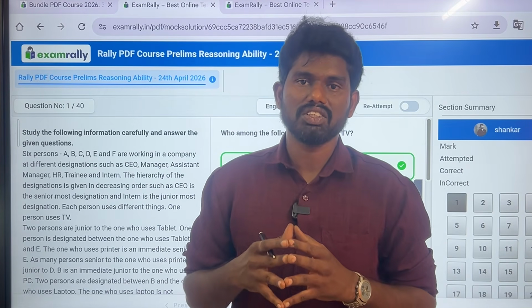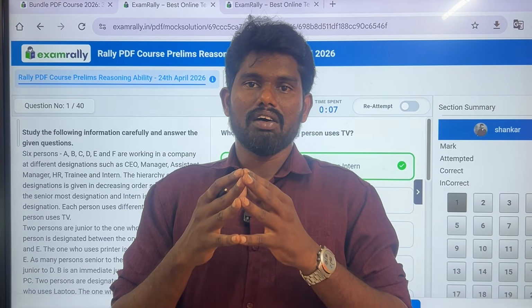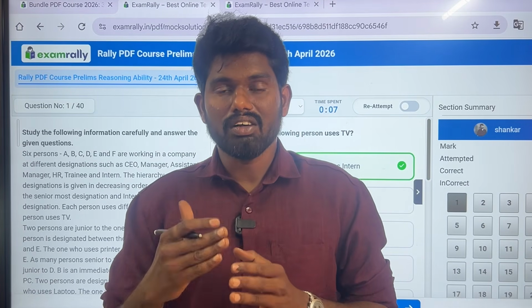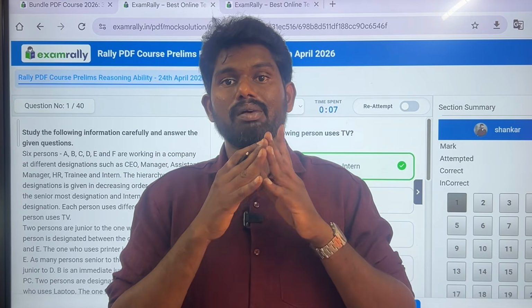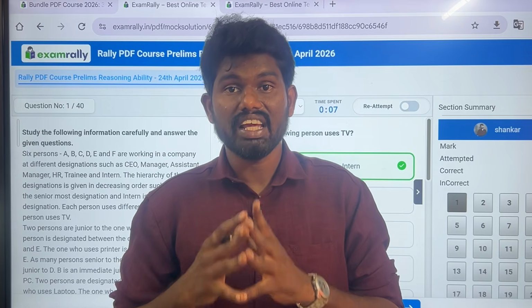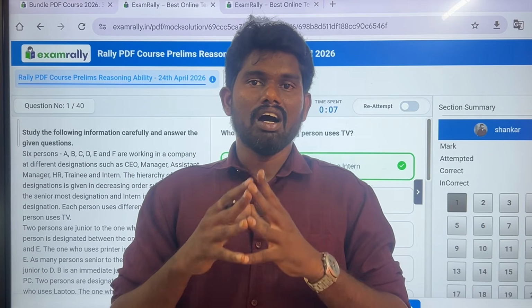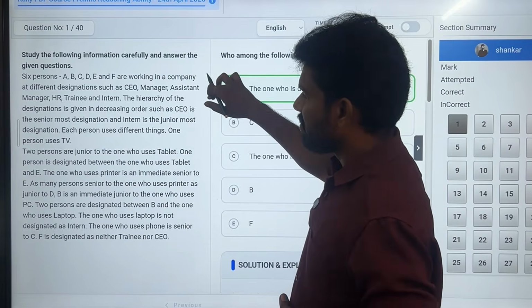But in real IBPS exam questions, the most important tip for puzzles and seating arrangement questions is to always start from the very first statement.